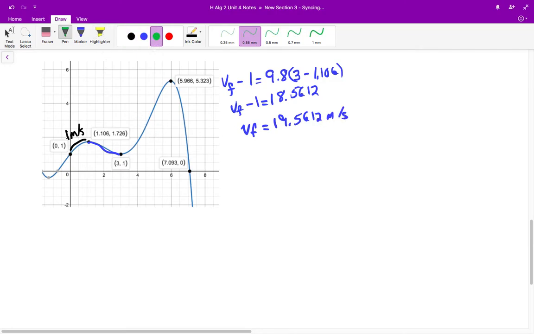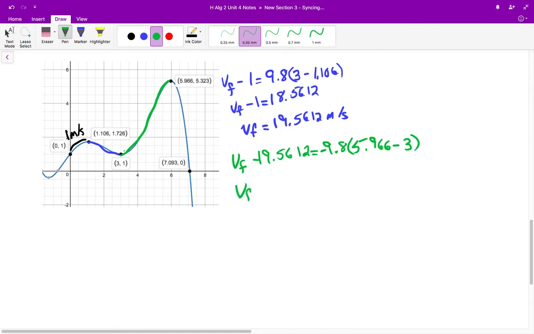Okay, here comes the next interval. And again, I'm hoping, fingers crossed, that we run out of speed here. Let's find out. For the final velocity, let's leave that alone for right now. We'll see if that ends up being negative. That'll be what tells us that we need to go back and change some stuff. This time we're decelerating, negative 9.8. We're going to take 5.966 and subtract 3, which would be the beginning of the ride, from that.